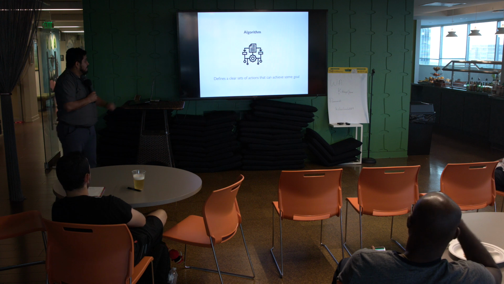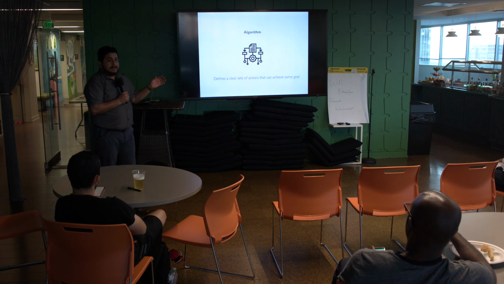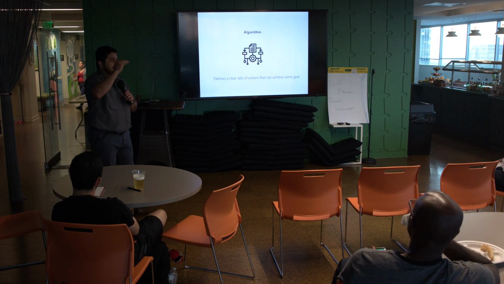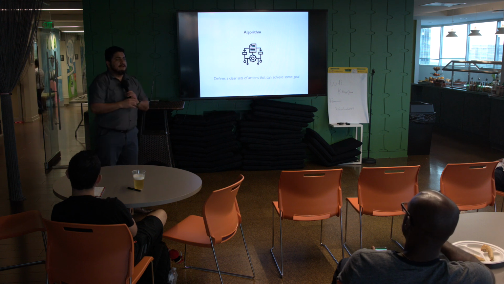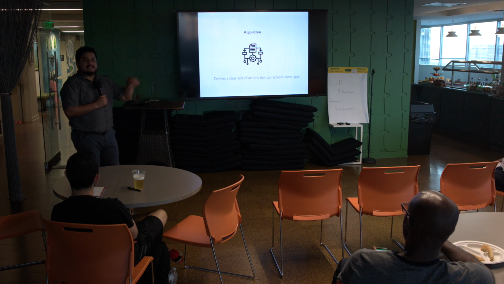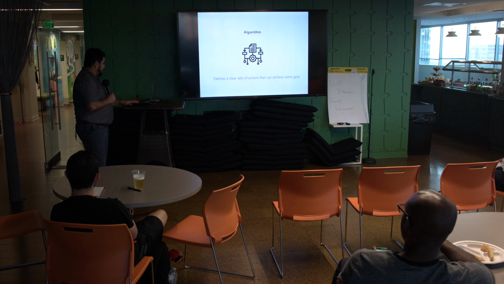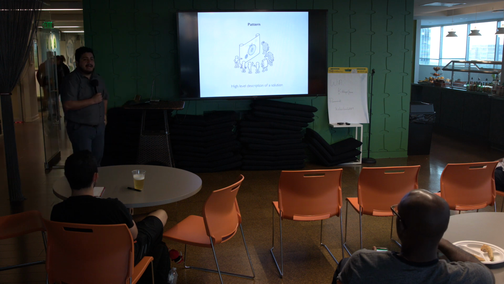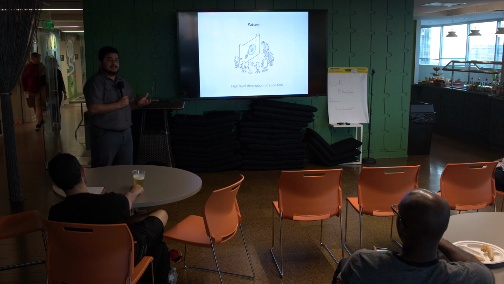So, for example, in an algorithm, we define the same steps to solve any problem. For example, with a data structure, we can use an if, a while, any kind of structure, and we're always solving the same problem. But on the contrary, the pattern is a high-level description of a certain solution, okay?